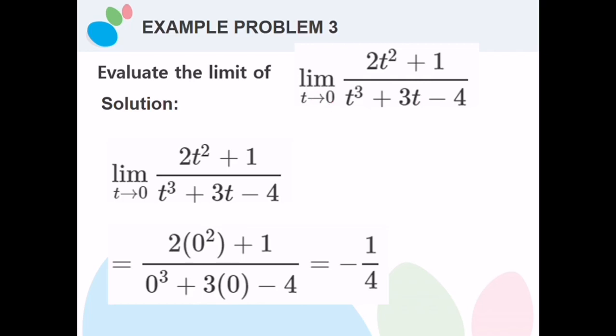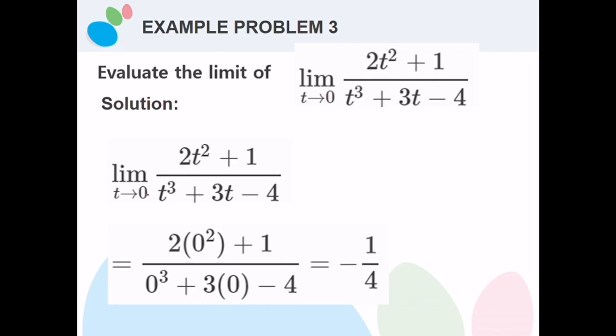Again, what we need to do is just substitute the value, so we will replace t with 0, because t approaches 0. Again, approaches means it is not equal, it is just approximate, almost equal with the value.